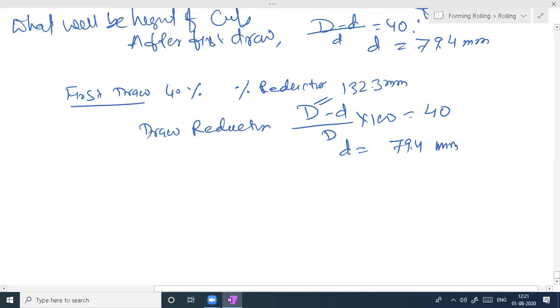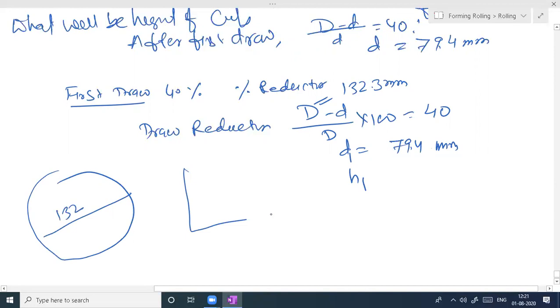Now you have to calculate, this is the first draw diameter. Then what is the height? So you have a blank of 132, and now you are getting a cup of diameter 79.4. Then what is this height, H1?